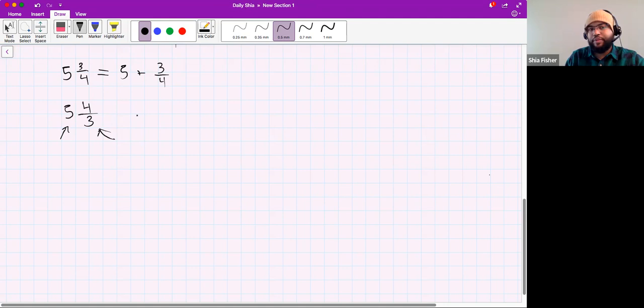And I also remember that for a proper fraction, the numerator should be less than the denominator, and that's not the case here. Therefore, this can't be considered a mixed number. Cool.